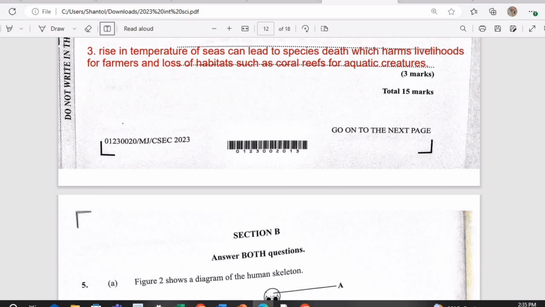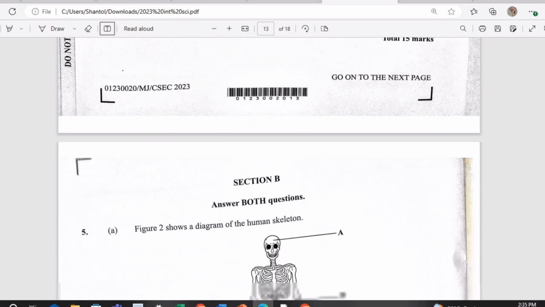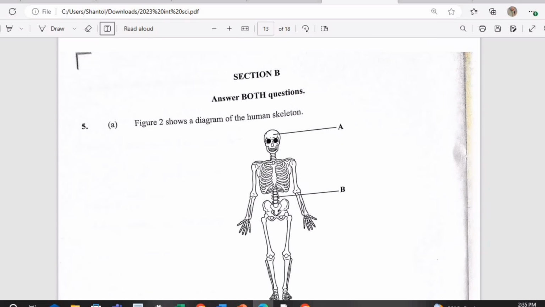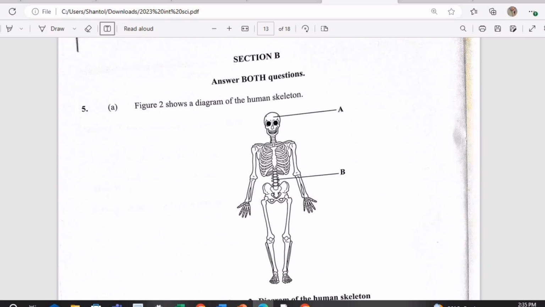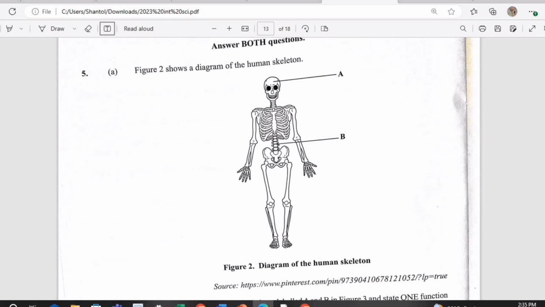Section B. Figure 2 shows a diagram of the human skeleton. How many of you remember seeing this question if you did the exam? Or if you haven't done the exam, this question asks us for part A and part B and a function of part A and part B. Now everybody should be thinking A is the skull and B is the spine.